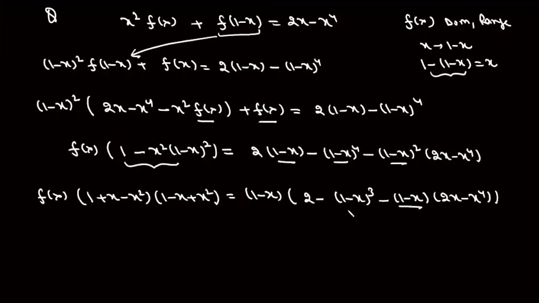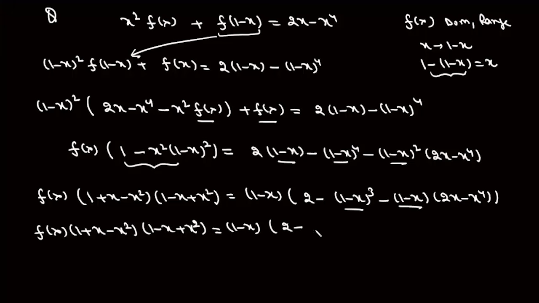Now here also we'll take 1 minus x common, and then we'll try and solve the square. So we can write f(x) into (1 plus x minus x square), (1 minus x plus x square), and it'll be this (1 minus x), and then 2 minus (1 minus x). Now this is (1 minus x) whole square, which is 1 plus x square minus 2x, and we have taken this minus out, so it'll be simply plus 2x minus x to the power 4.